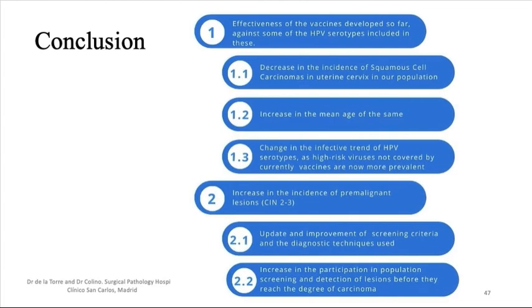Additionally, the increased incidence of premalignant lesions, SIL 2 and 3, can be attributed to enhanced population screening criteria, improved diagnostic techniques such as liquid cytology, and heightened awareness about HPV infection. This increased awareness leads to greater participation in population screening, enabling the detection of lesions before reaching carcinoma stages.